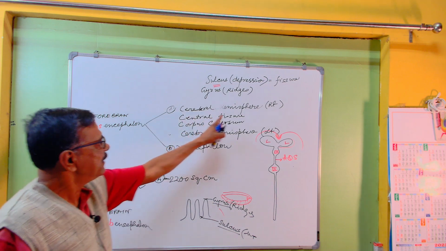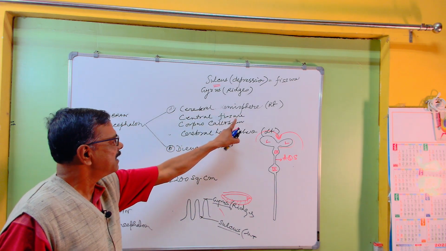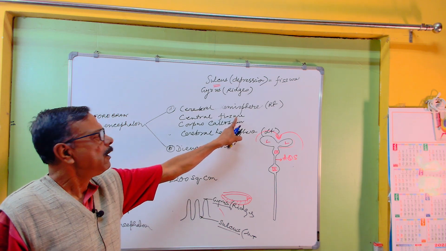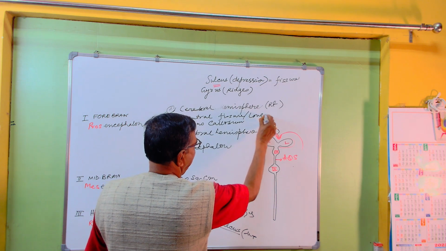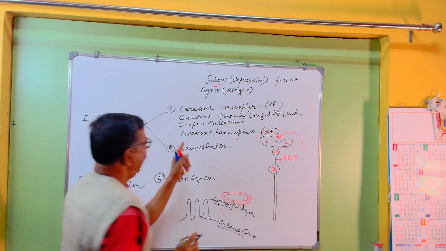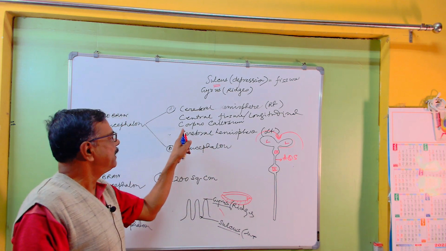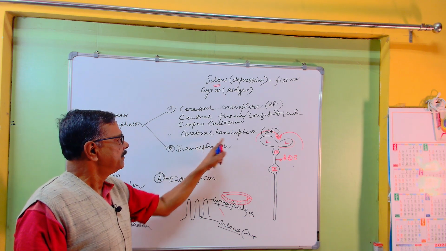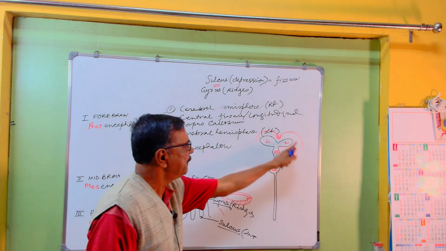So the two cerebral hemispheres remain differentiated by the central or longitudinal fissure, and then remain joined at the base by the corpus callosum.